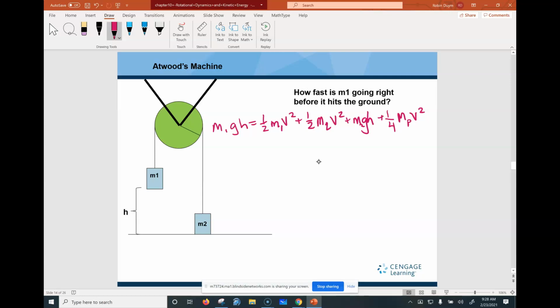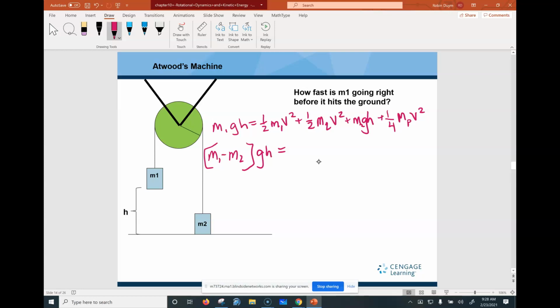All right, so what I did is I brought over my MGHs to one side, and then that way I could pull out a GH. So I have M1 minus M2 GH on one side, and then I have all my V terms on the other side. What did I do?